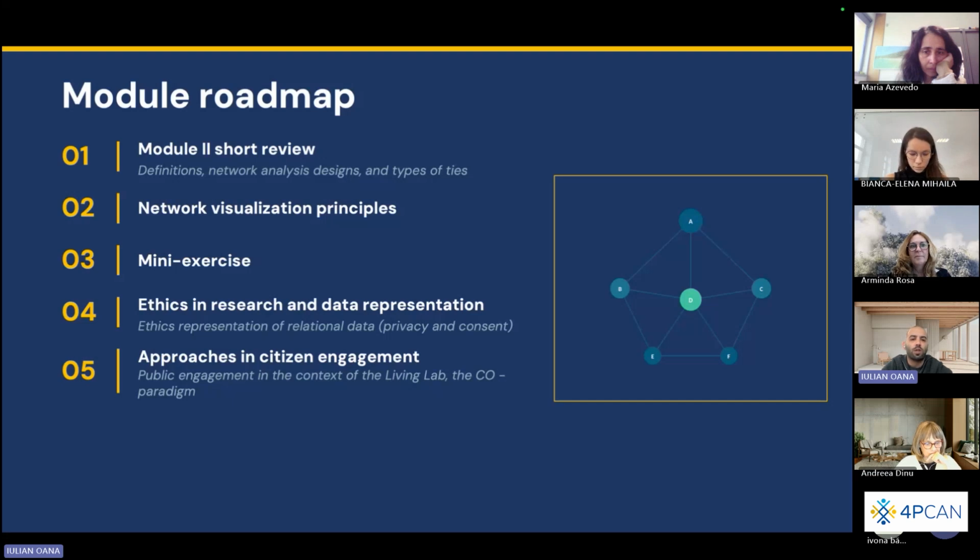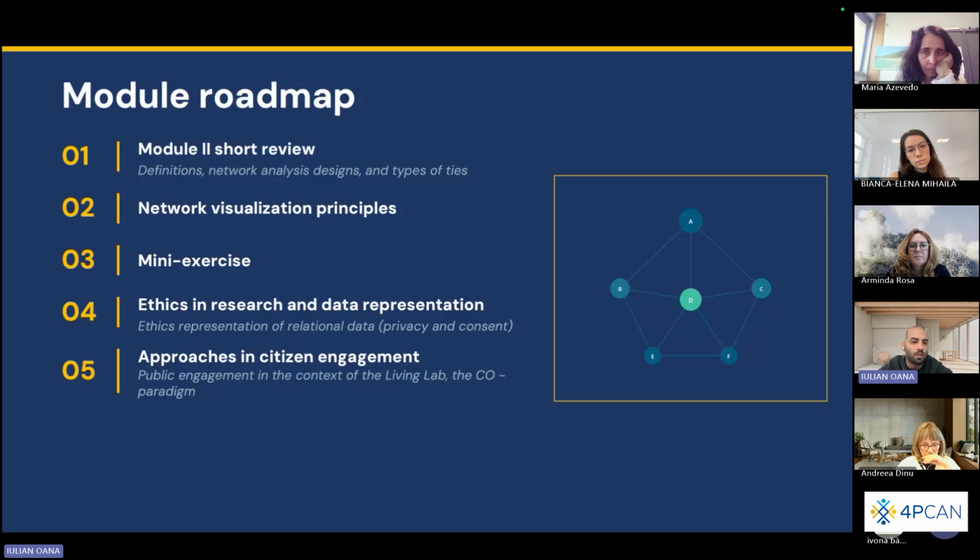some technical stuff when it comes to what's important to take into consideration when we're doing standard network visualizations, and we will do afterwards a mini exercise looking at two visualizations of social networks and see what we can tell about them.